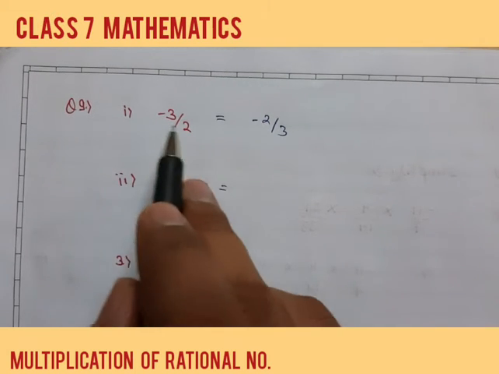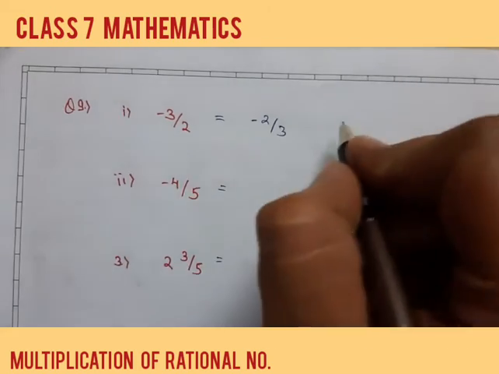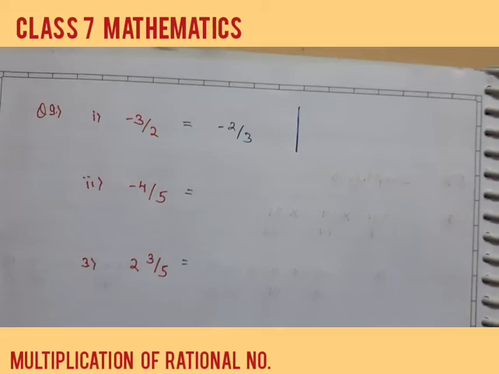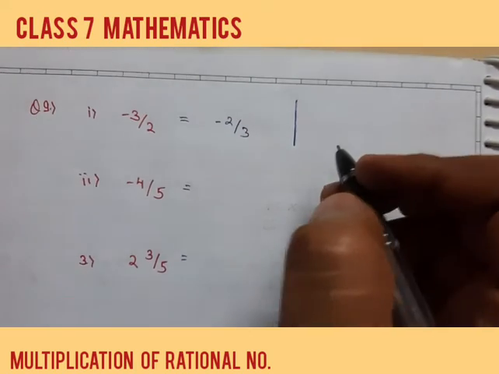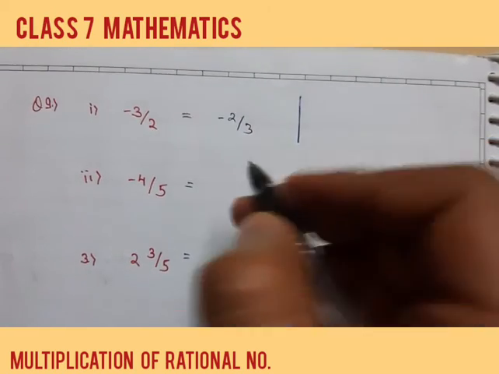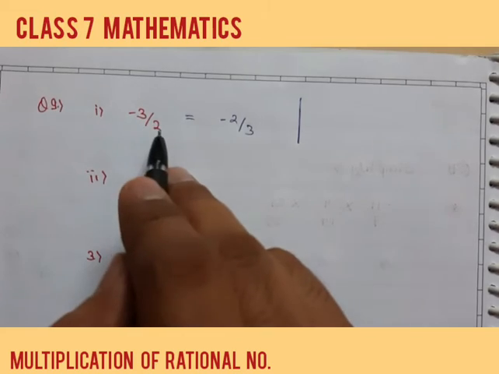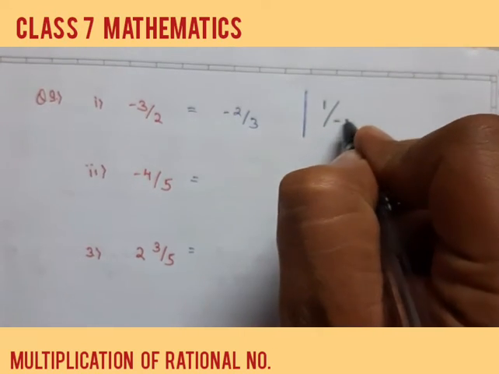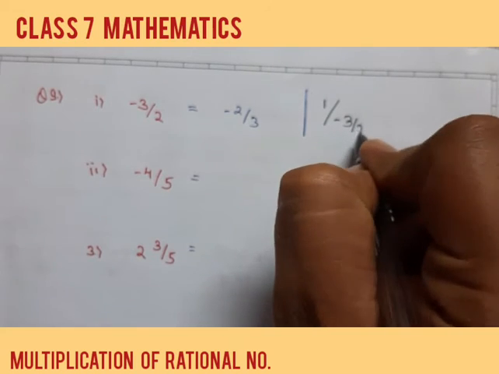So here the given number is minus 3 upon 2. Now, as per the definition of the reciprocal, since reciprocal means 1 divided by the number, we divide 1 by the given number, minus 3 upon 2.